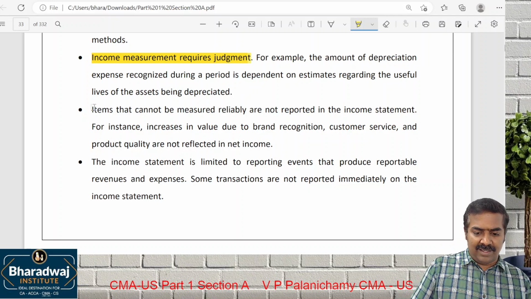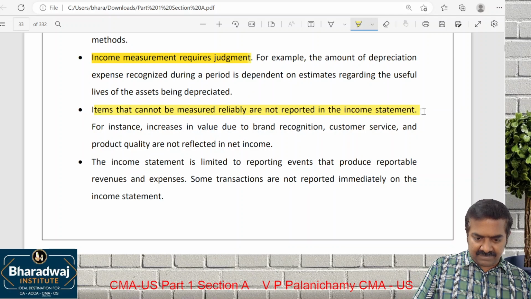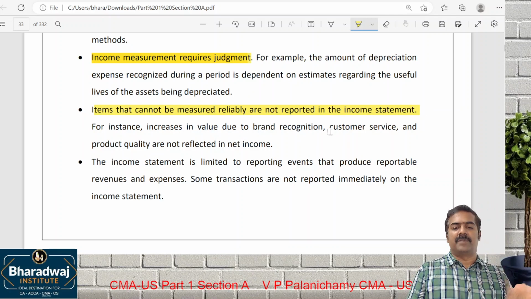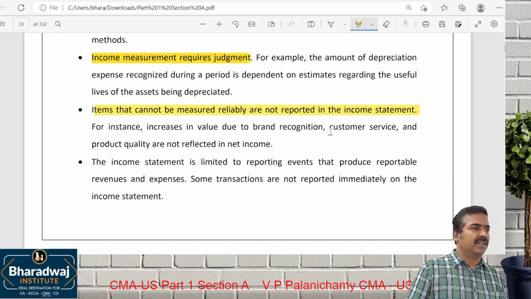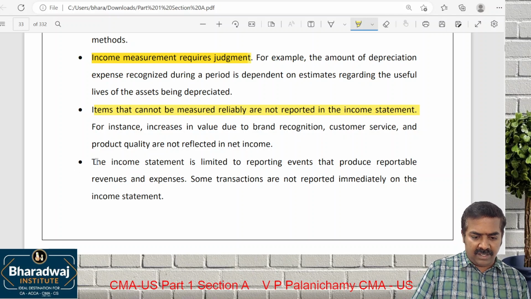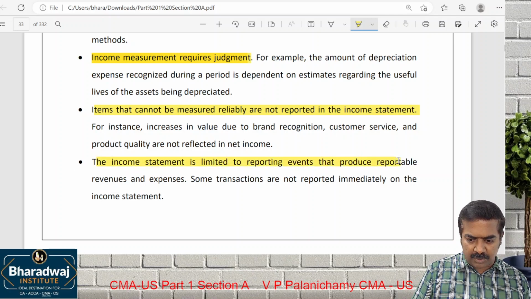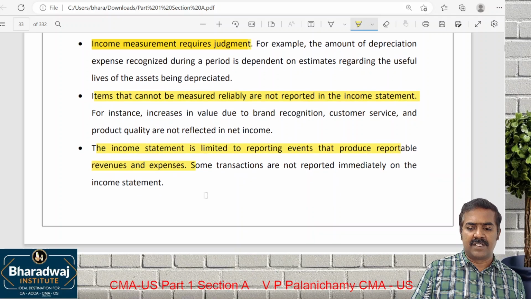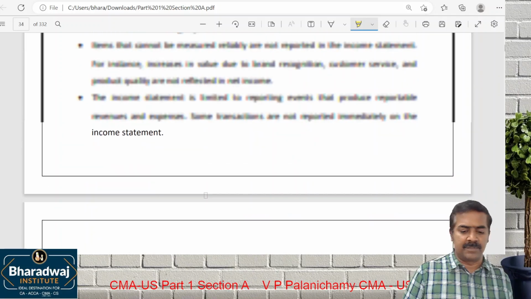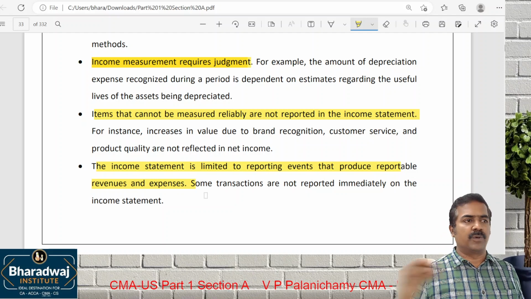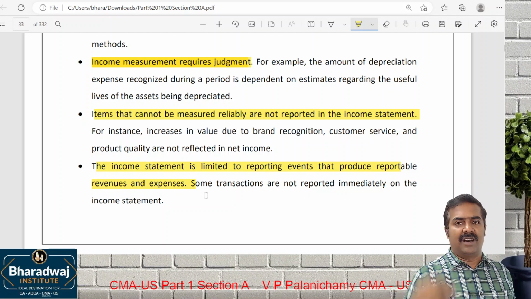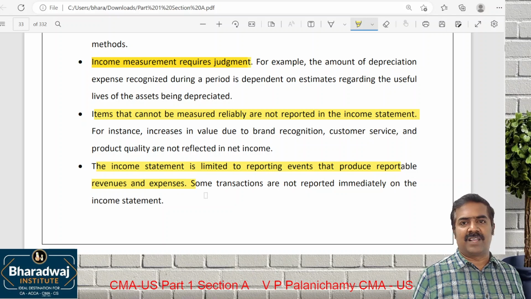Then, any income that cannot be measured properly cannot be reported in the income statement. The income statement records only reportable revenue and expenses. Certain things are not reported in the income statement, for example, quality of earnings, quality of the management, or the ethical nature of management or board of directors, following or violating laws.